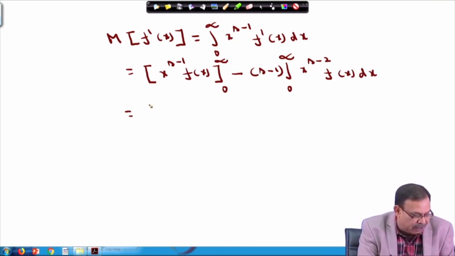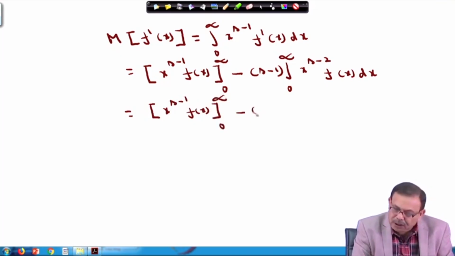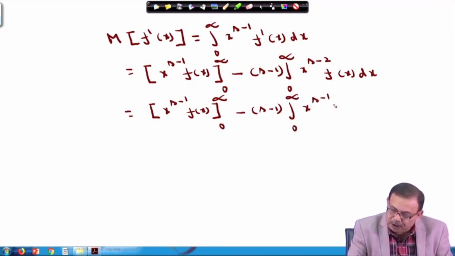I am keeping it as it is at present: x to the power s minus 1 f(x) from 0 to infinity, minus (s minus 1) into the integral from 0 to infinity of x to the power s minus 2 f(x) dx.